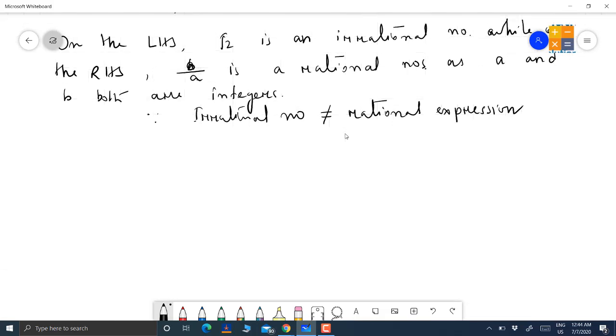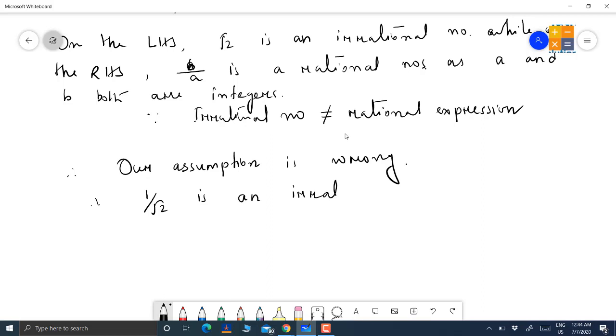So, how shall we write? Therefore, our assumption is wrong. Hence, 1 by root 2 is an irrational number.